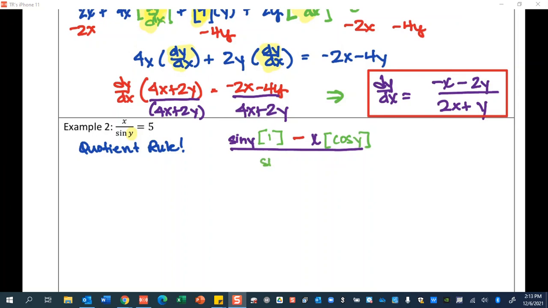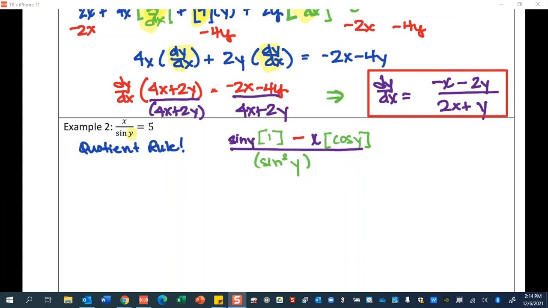Square the bottom and away we go. Now, if you want to say it's sine y squared, you can. If you want to instead rewrite it as the sine squared of y, we don't say sine of y squared because that's confusing, right? It's not the sine of y squared, it's the sine of y squared, which is why that 2 goes in there. Square the bottom and away we go.